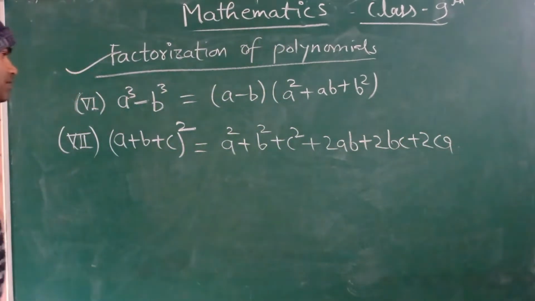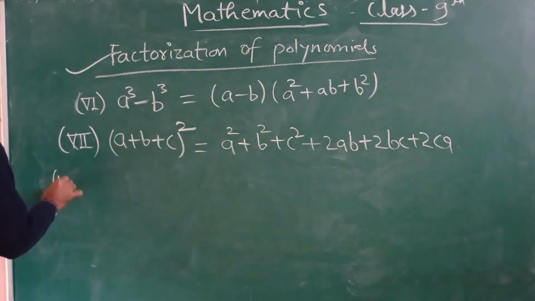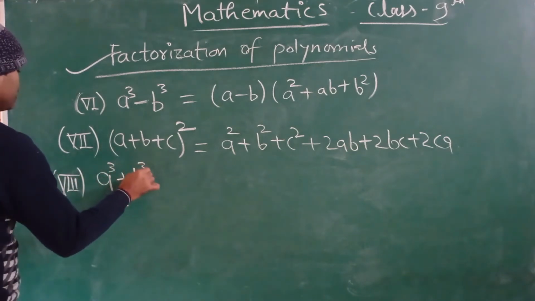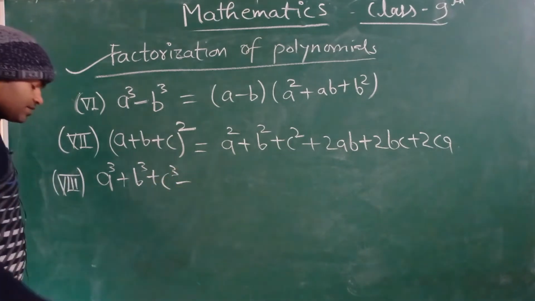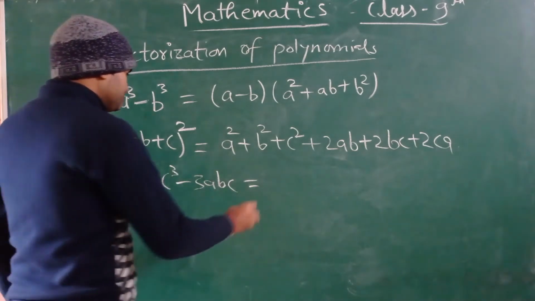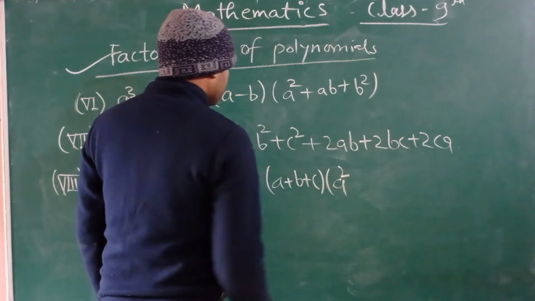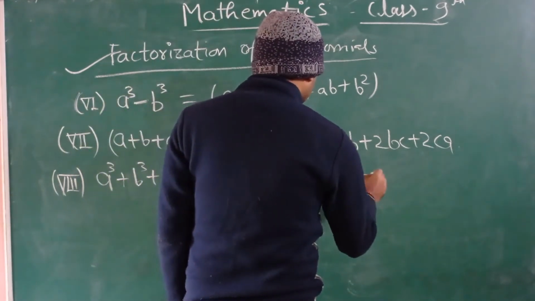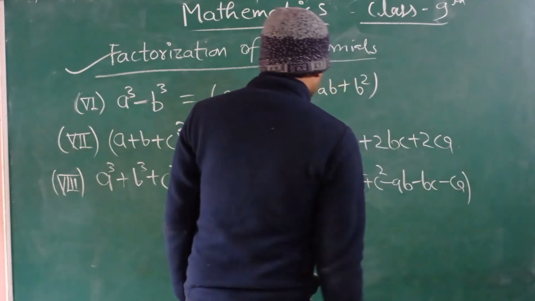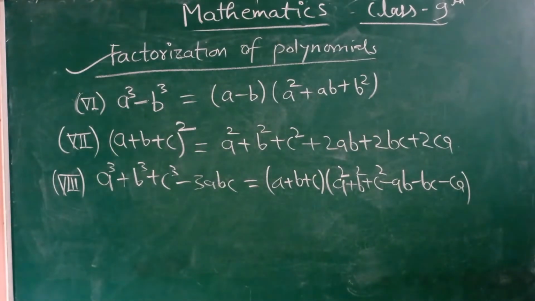And the final, special formula for you is a cube plus b cube plus c cube minus 3abc, which is equal to a plus b plus c in the first bracket. In the second bracket we have a square plus b square plus c square minus ab minus bc minus ca. So these are the 8 given formulas.